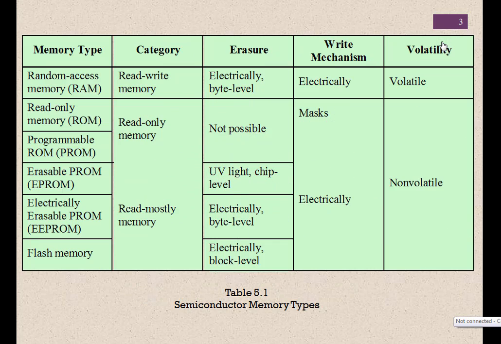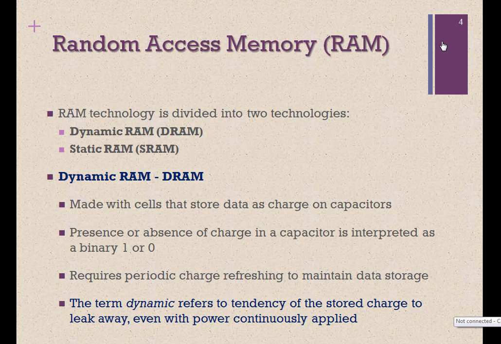There are different types of memories, like RAM, ROM, EPROM, PROM, and flash memory, their categories, how they work and how data is stored in them, and which are volatile or non-volatile, as we know from the first day.